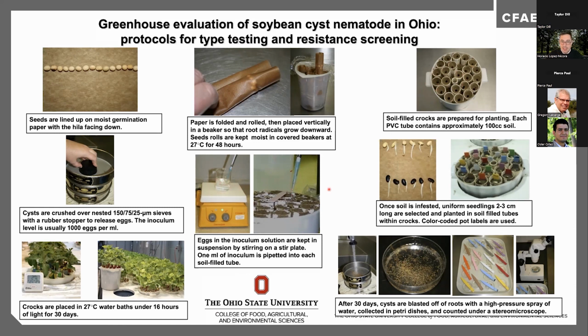We release those eggs in each of those holes. We plant the different cultivars or the different sources of resistance. We allow the nematode to reproduce for 1 month in the greenhouse under constant temperature. And then we pull those roots and we dislodge the females. And then we count the females on those roots.